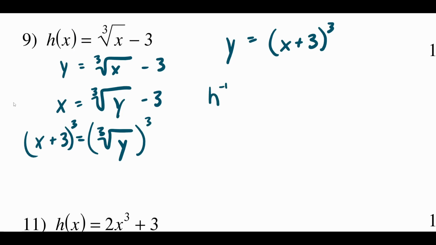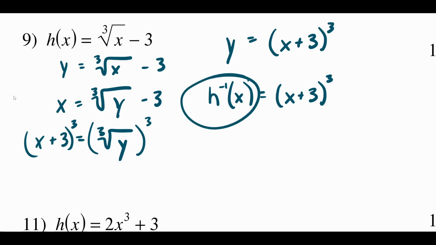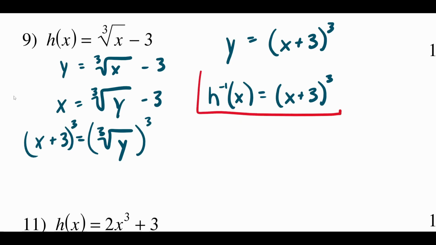So the inverse of h of x equals x plus 3 cubed. If we were to leave it as y, I know that this is the inverse function, but it's not in proper notation. So we would need to write it as the inverse of h of x equals x plus 3 cubed. Let's move on to number 10.